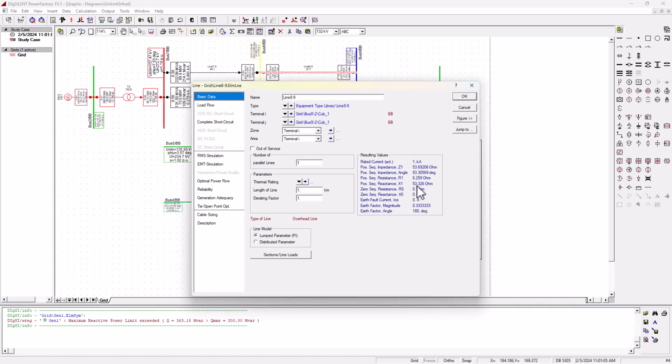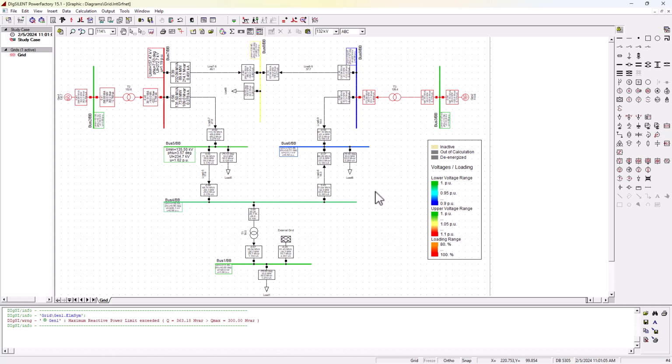So the reactance is 53.3 and the resistance is 6.2. That is why the angle is so high, because the imaginary part is much bigger. Now this line has an effect on the reactive power.